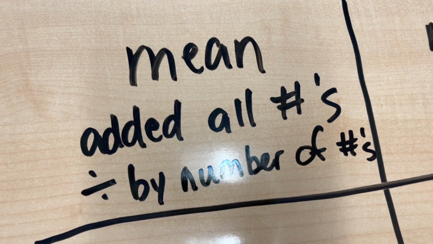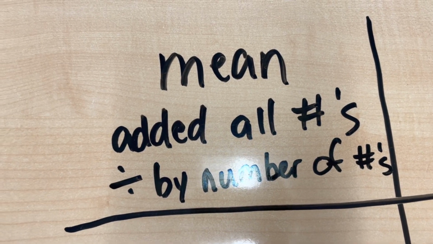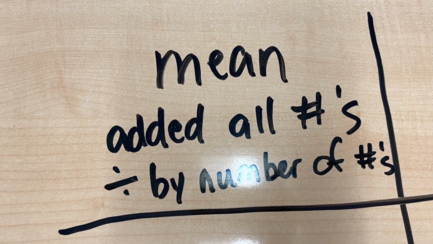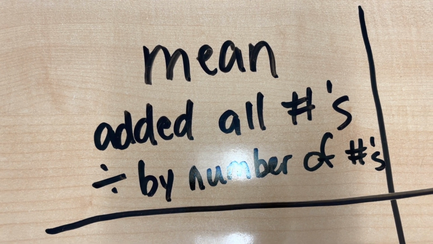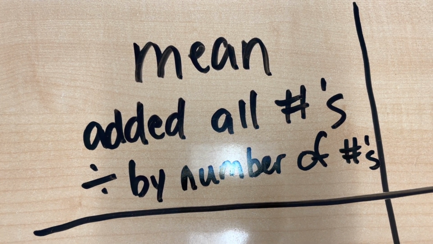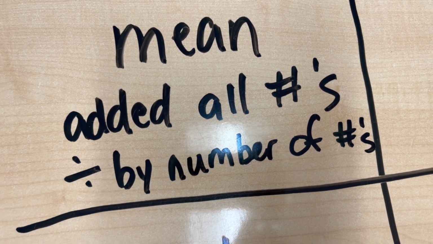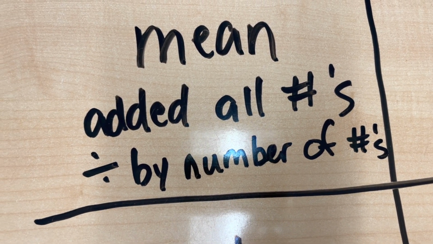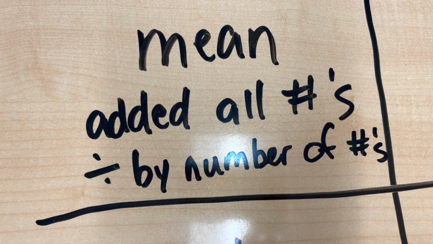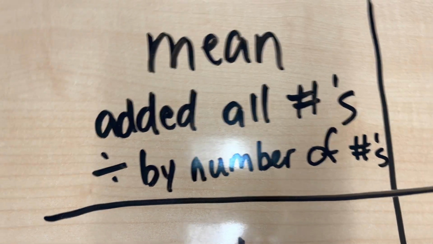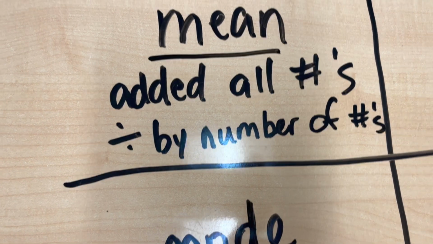So in our data over there, we had 9 people draw out handfuls of linking cubes. So we added all those 9 people's numbers together and then we divided by the number of numbers, which was 9. So however many numbers there are, that's how many you divide by. So that is our mean.